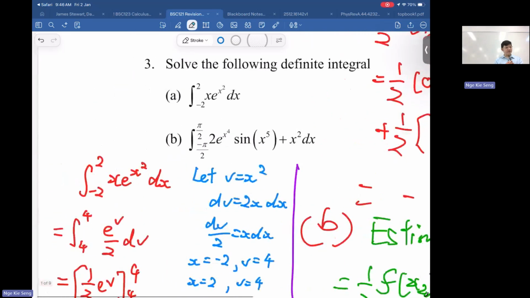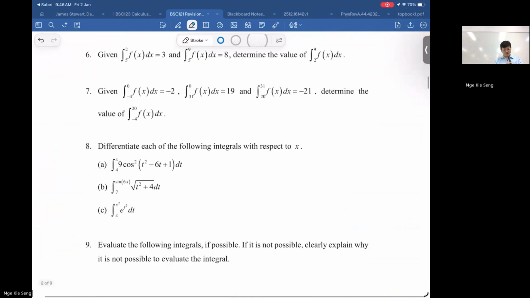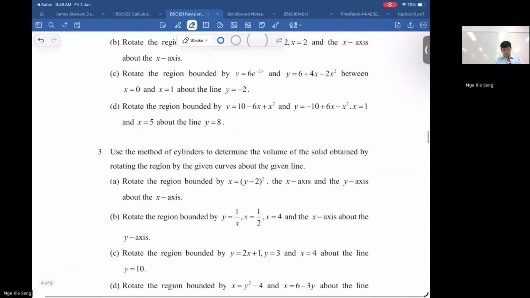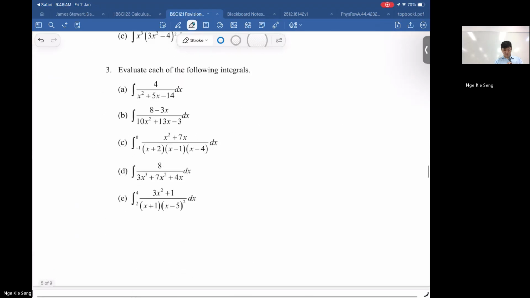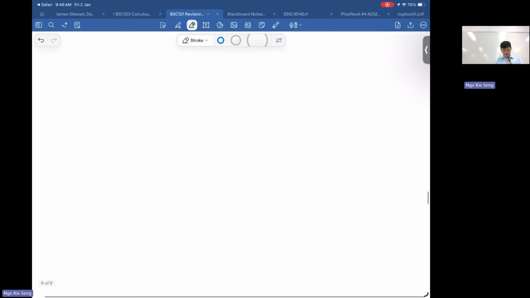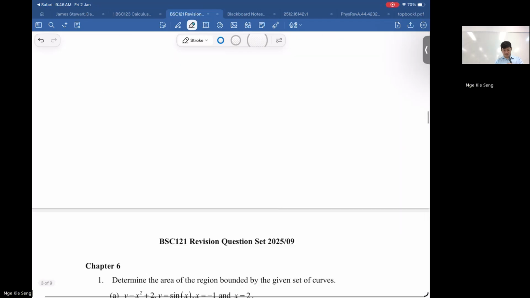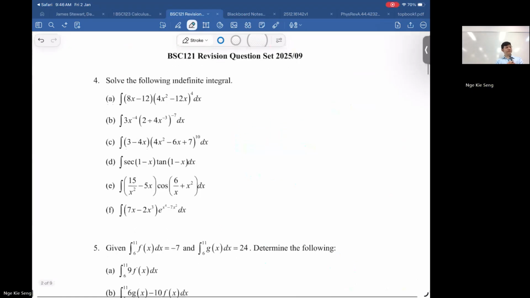Any question from chapter 5 before the next hour? Maybe we can go to a different chapter, 6, 7, 8. Any more questions from chapter 5?